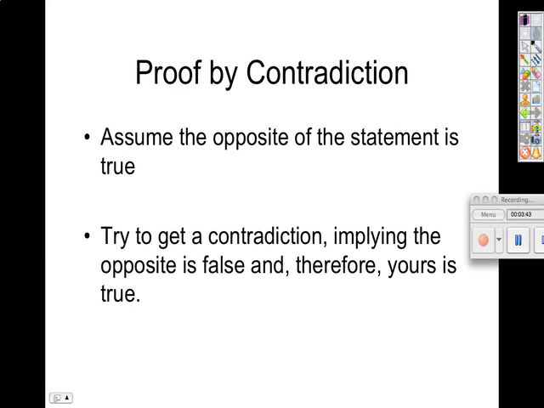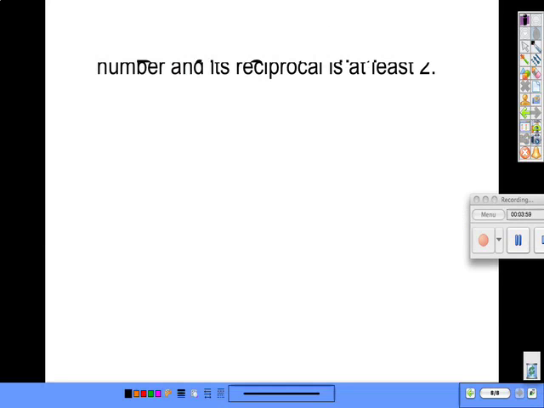We can also prove something by finding a contradiction. And what we're going to do here is assume that the opposite of our claim is true. And we're going to try to see a contradiction in what we're doing, implying that the opposite is false, and therefore ours must be true.